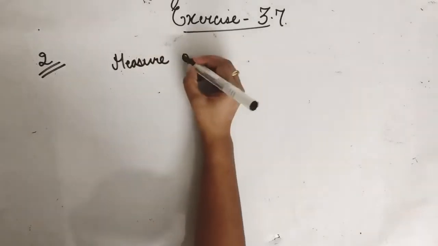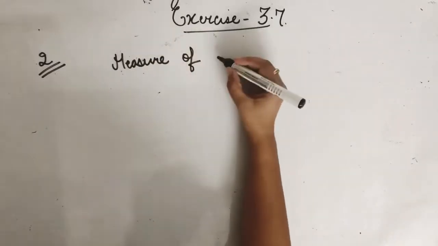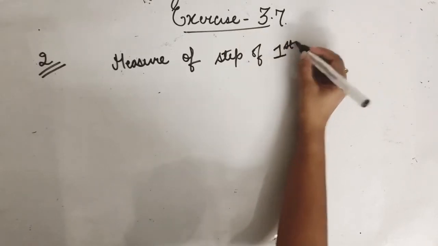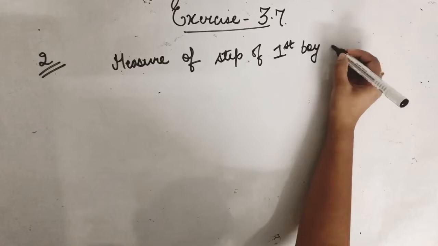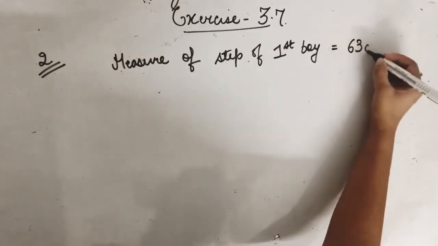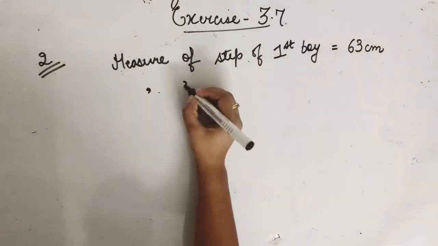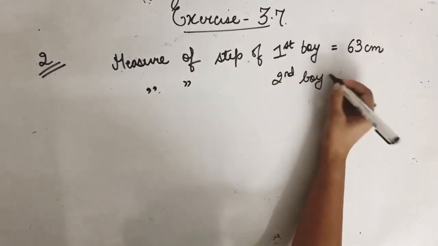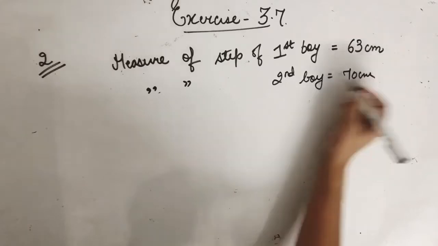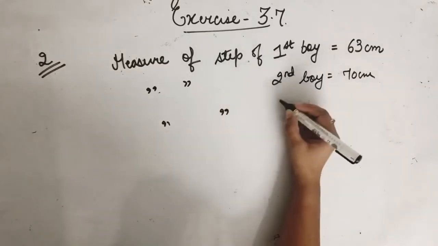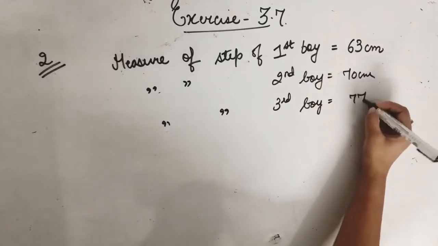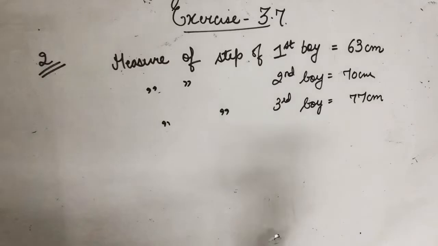Measure of step of first boy, 63 centimeter. Same you will write for second boy, 70 centimeter, and same for third boy, 77 centimeter.